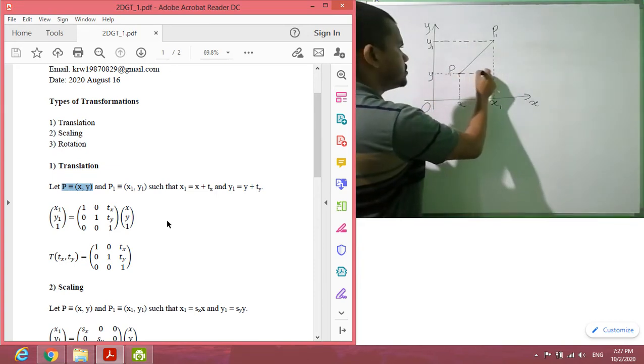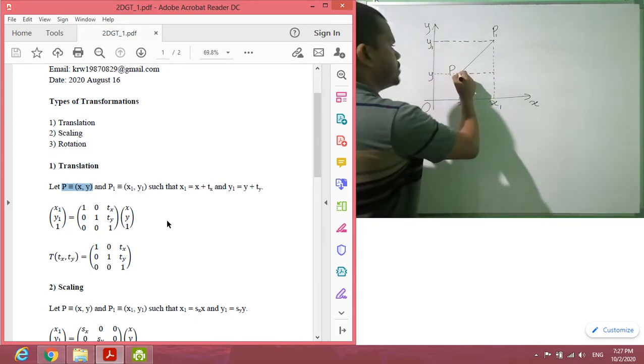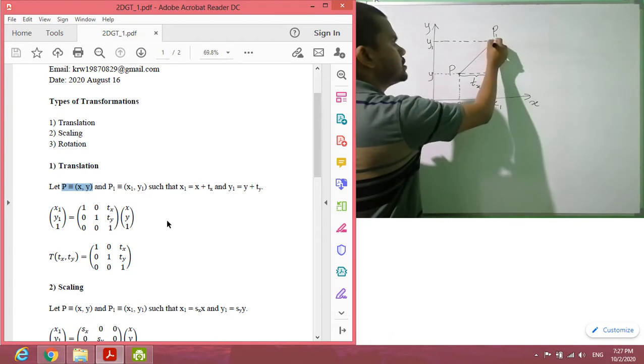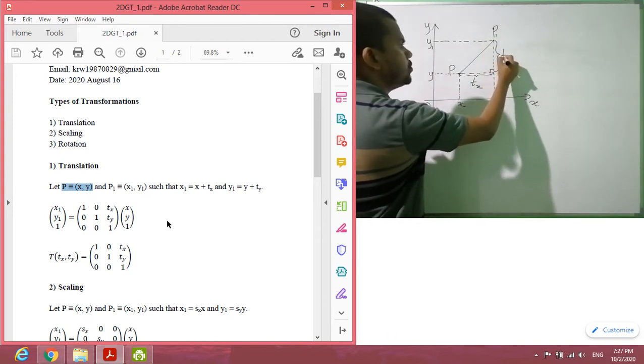Now let's see, this amount is Tx and this amount is Ty.